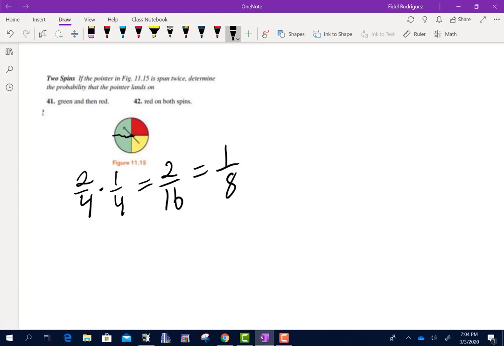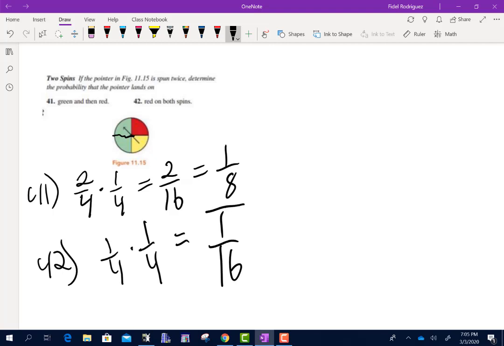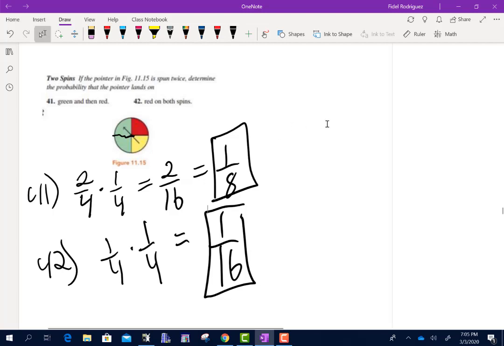So this is for number 41. And then number 42, red on both spins. So the first time I get red, I have a 1 in 4 chance. If I get red again, it's going to be another 1 in 4 chance. So that's going to be 1 out of 16. It's supposed to be multiply, not add. Sorry.